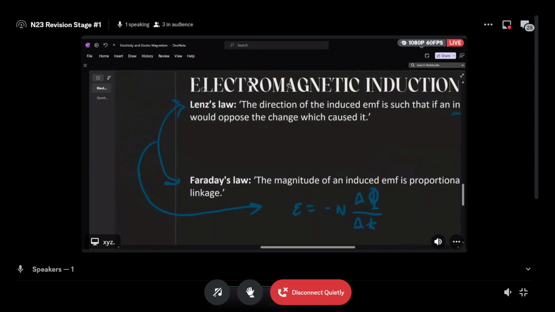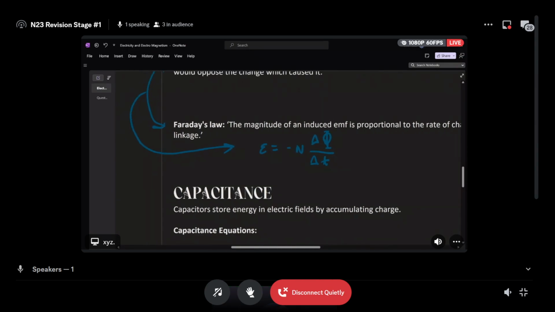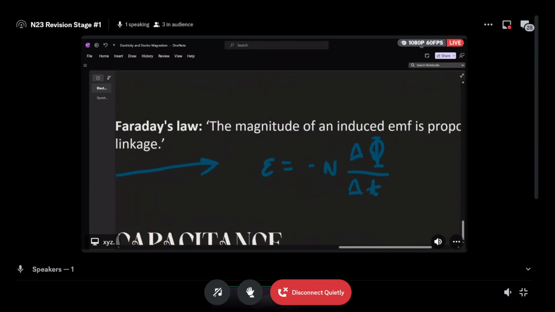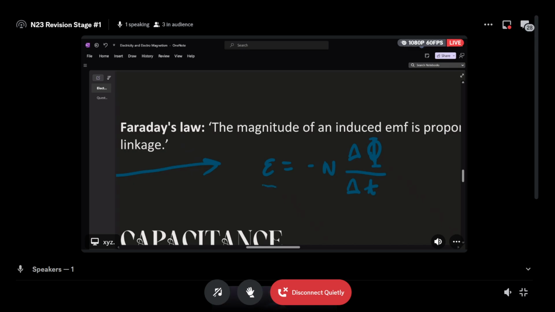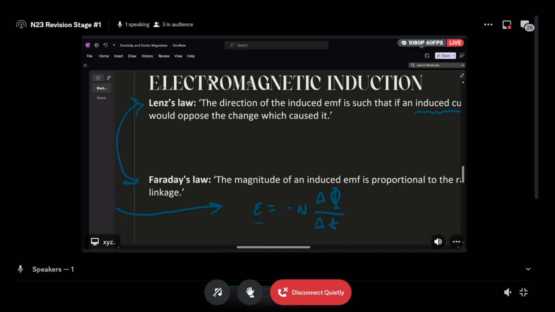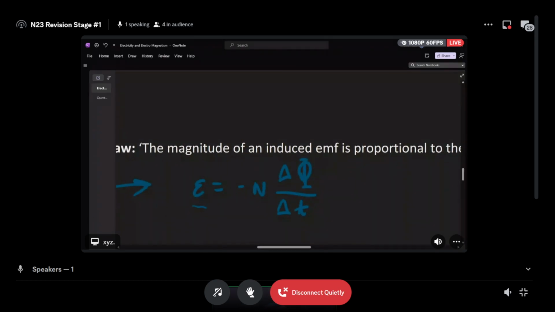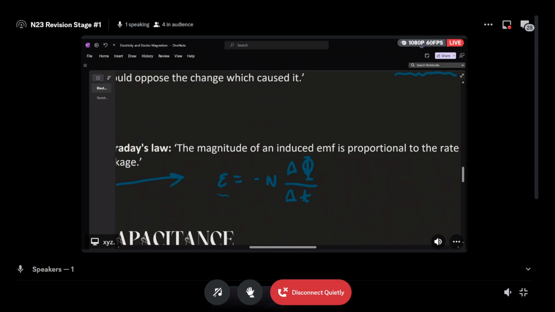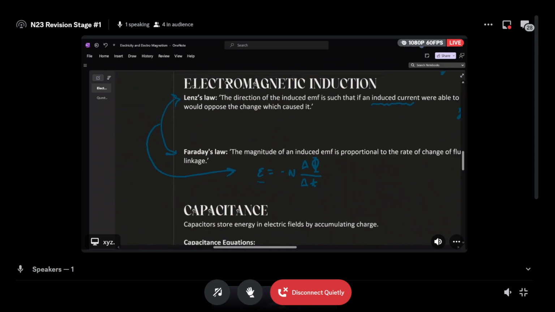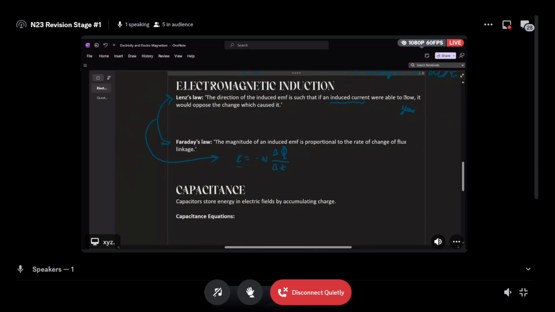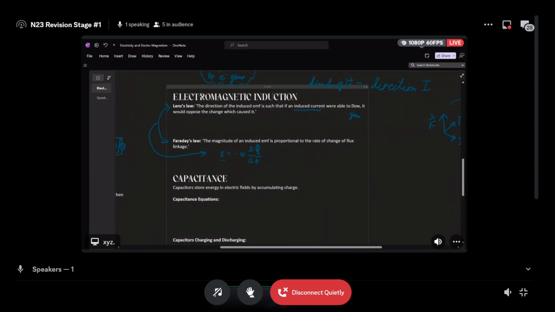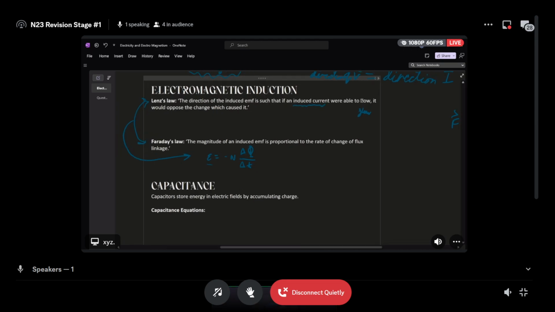And the negative sign here comes as a result of Lenz's law, because the negative sign means that this E will create a current in the direction opposite to this delta phi. Okay, and we have many more equations here to help because this concept is quite large. So first of all, what flux is.